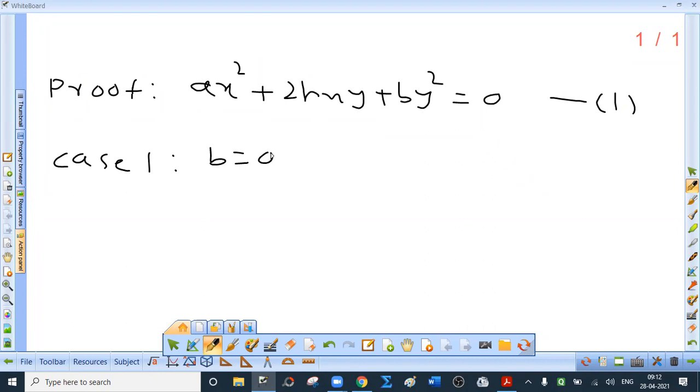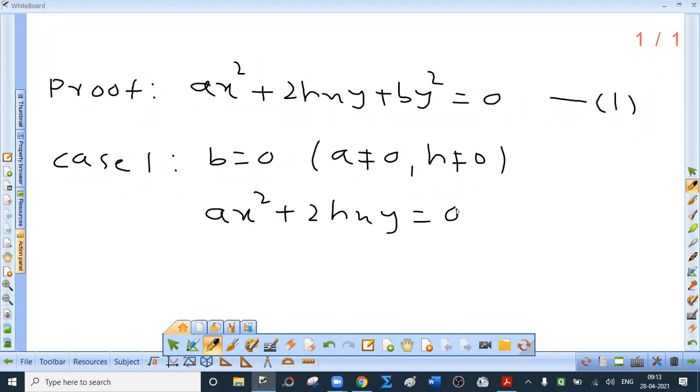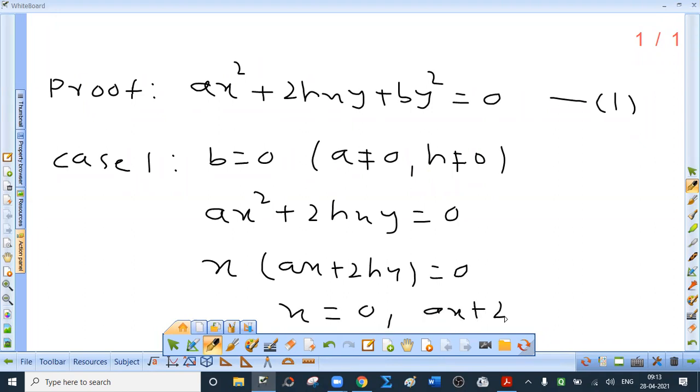Now when I say b equal to 0, clearly a should not be equal to 0 and h should not be equal to 0. Then in that case, the equation becomes ax square plus twice hxy equal to 0. Now I can take x common to get x times (ax plus twice hy) equal to 0. So either x equal to 0 or ax plus twice hy equal to 0.